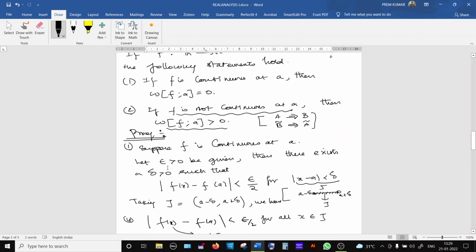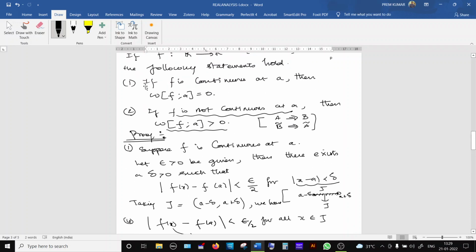To prove this, B, the second one, is nothing but the converse of 1. We assumed that this is less than or equal to 0, then we came to know that f is continuous, which is a contradiction to this. So if this condition is not satisfied, that is, it's greater than 0, then f is not continuous.